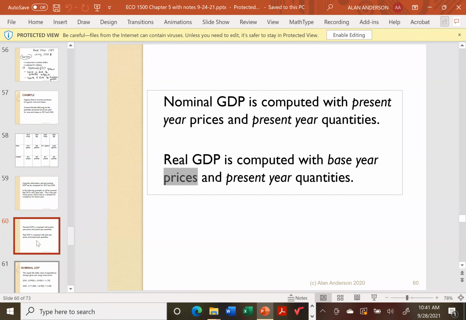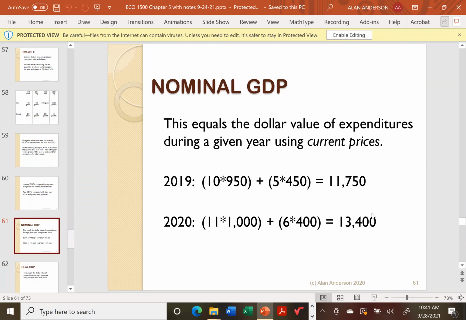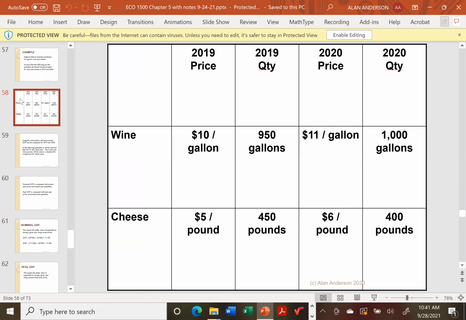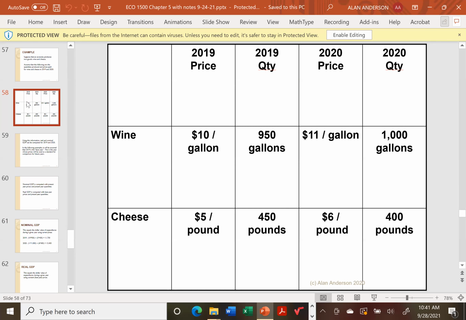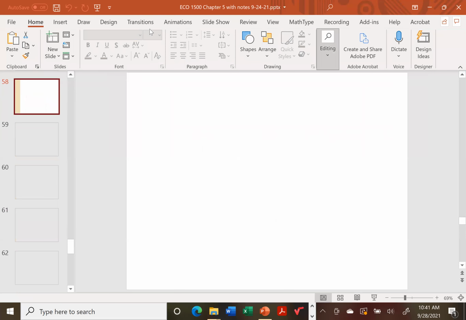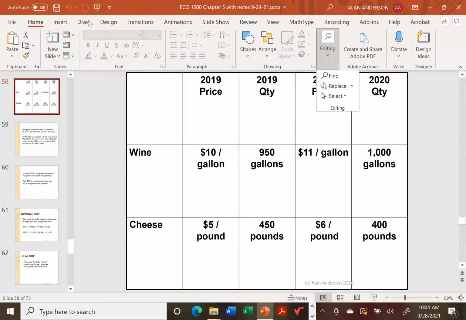Okay, so why don't we do some calculations? Let's take a look at how we would calculate nominal GDP. But just be aware that for nominal 2019, what we're doing is we're taking the dollar value of the wine, which is $9,500.